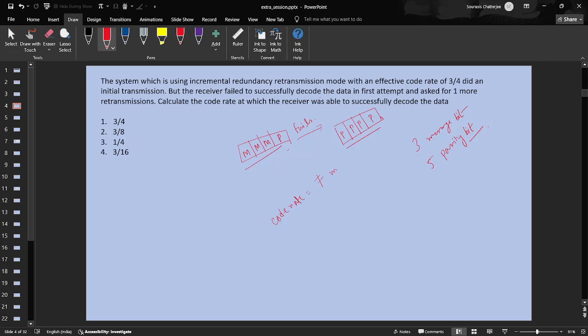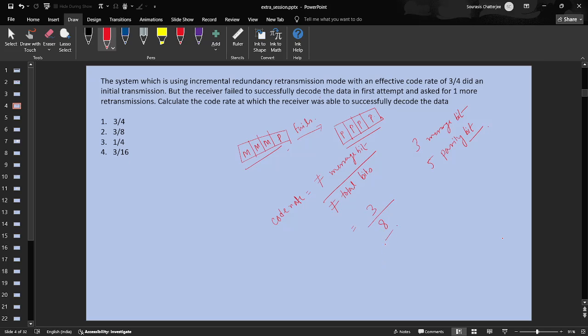It's the number of message bits divided by the number of total bits, and that comes out to be 3 by 8.